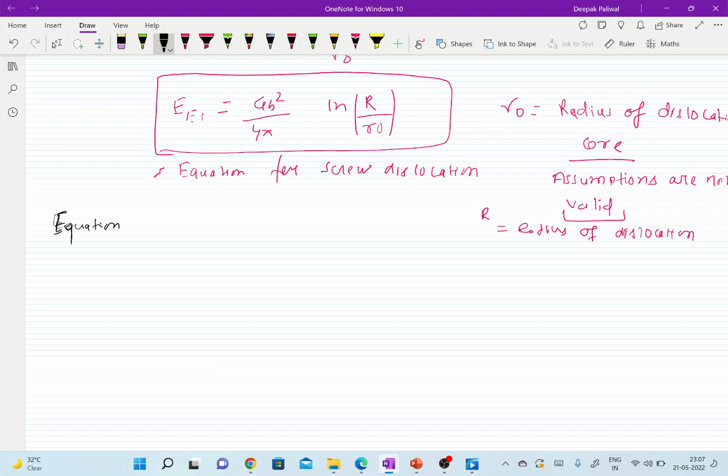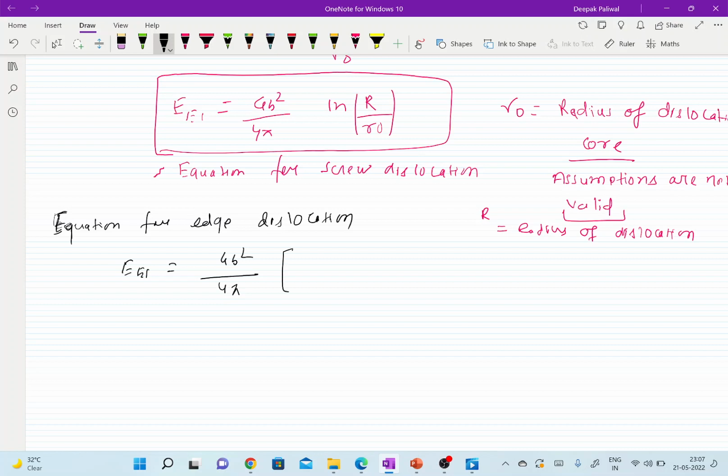Equation for edge dislocation. Again, I am directly writing the result for the elastic energy for the edge dislocation: Gb square by 4 pi.